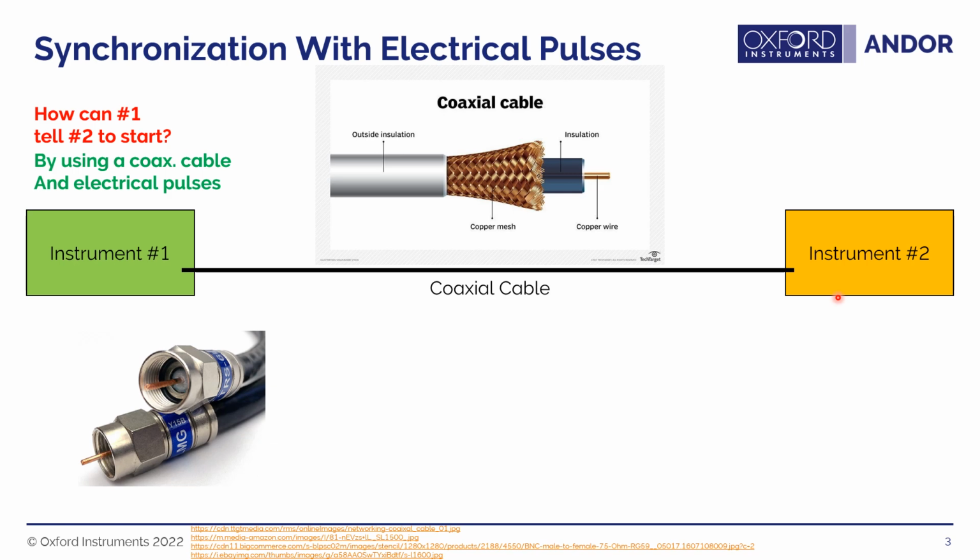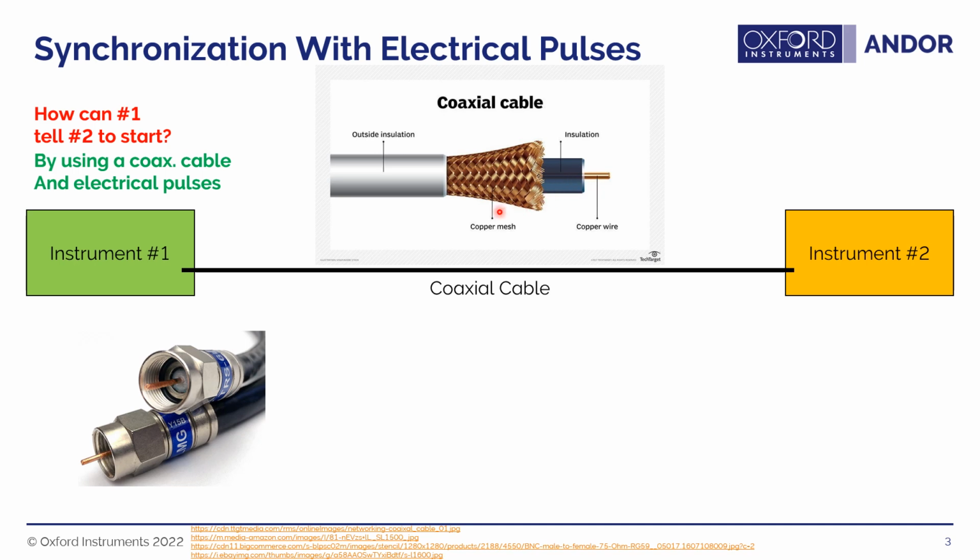So to give a quick description of how a coaxial cable works and how it's made, you can see that in the middle of the cable there is a copper wire to allow the electrical pulse to travel along the wire. There's insulation to make sure that it doesn't make electrical connections with other things in the room.